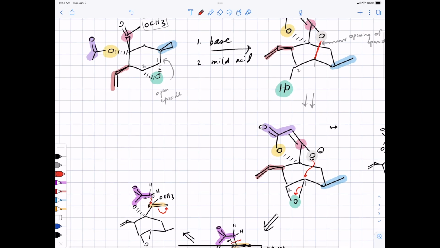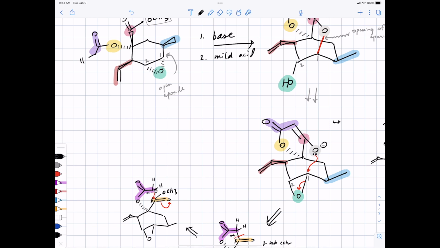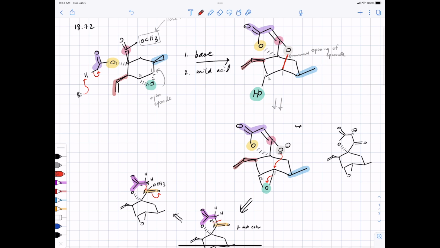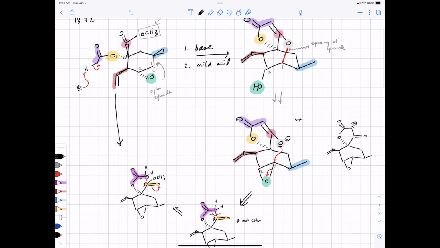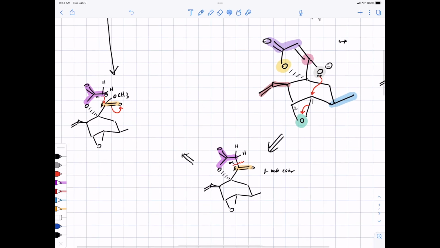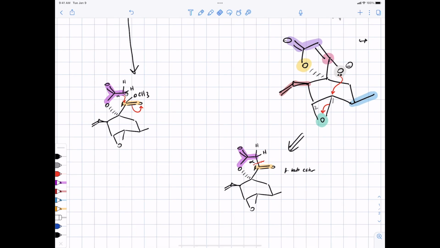So presumably the first step of all of this is some base. Probably doesn't need to be LDA. It probably can just be a cheap base like hydroxide or sodium ethoxide, because as with the Claisen reaction, you make the enolate, you attack to get the tetrahedral intermediate, which I guess we can draw.